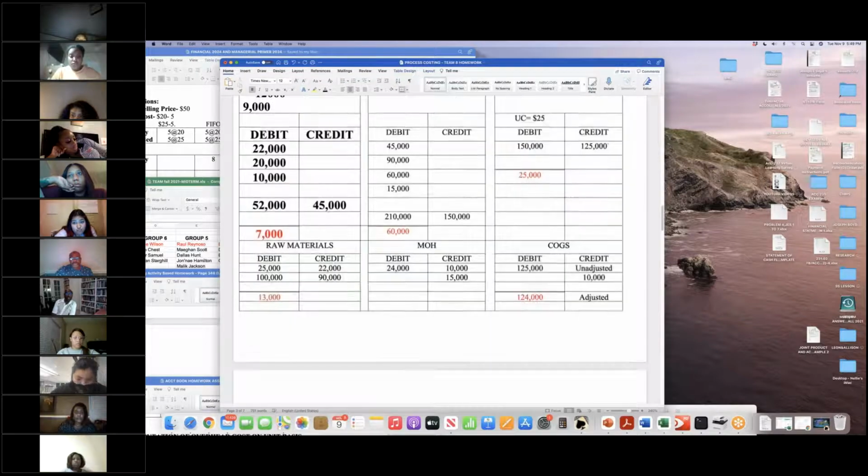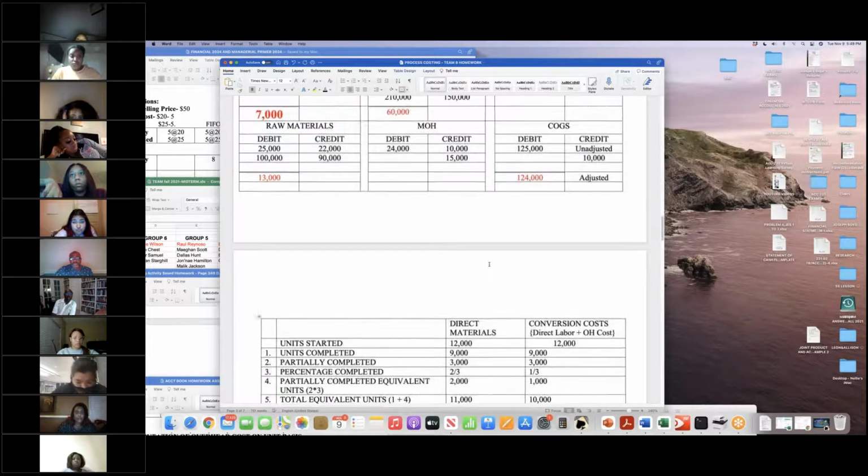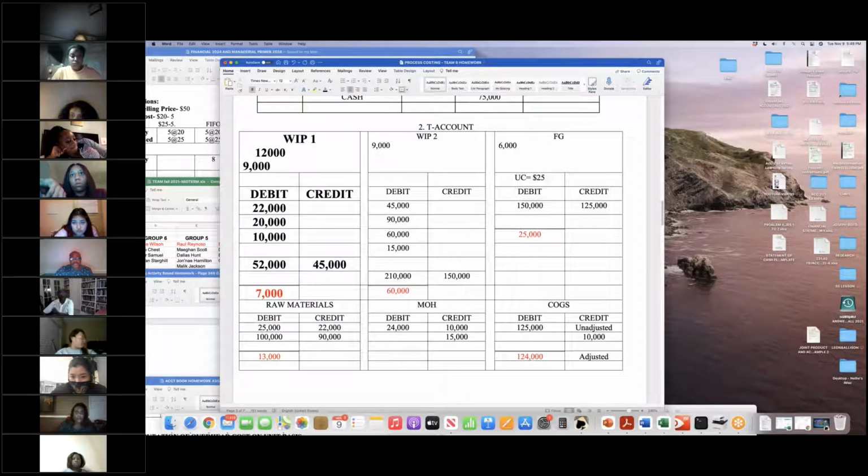And of course, then you have to post them to T account. That's why we started off with those review problems with you posting to the T account. So that when we got the manufacturing accounting and we're only doing partial things, you would know how to post. Some of you all have an issue with posting journal entry to the ledger.